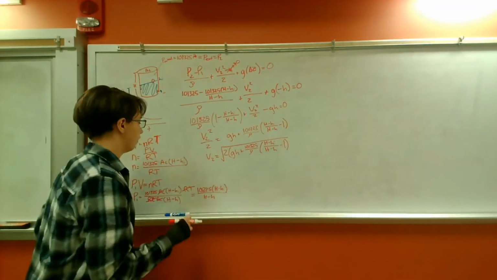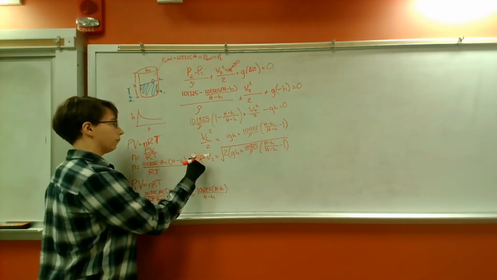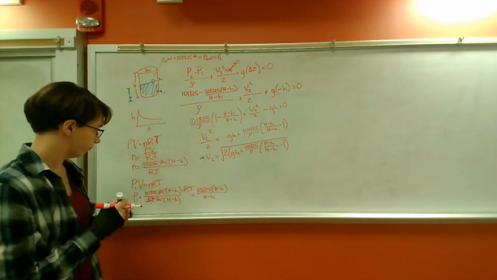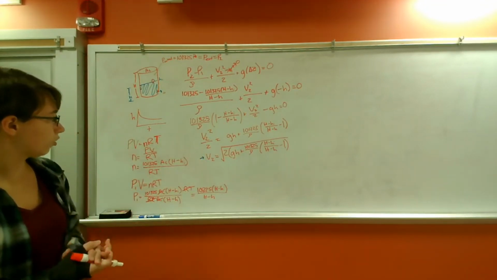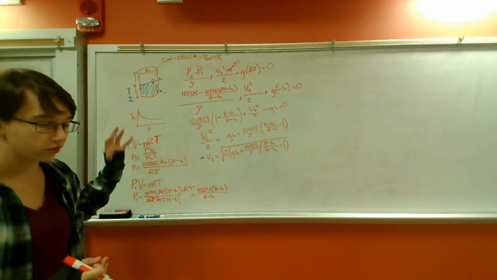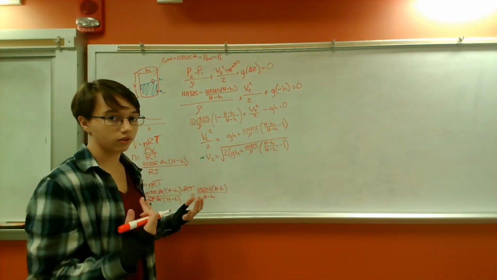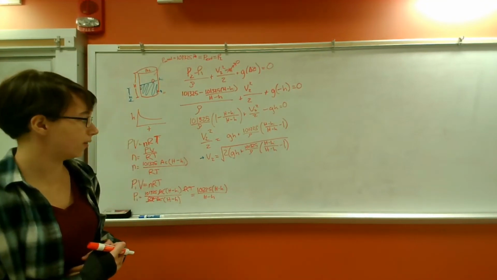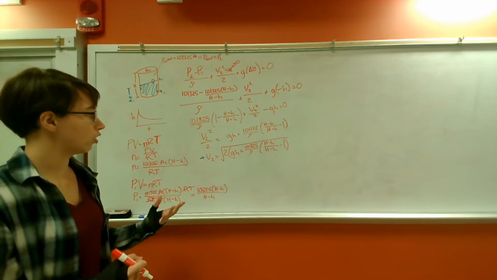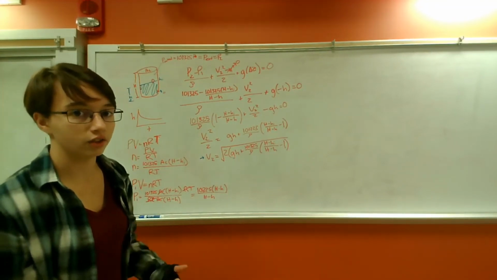Alright, so then we have here an equation for our velocity. So it's still not quite an equation of height or time. We do have height in there though, so that's good. We just need to now relate this to time. So the next thing we're going to look at is the flow rate.